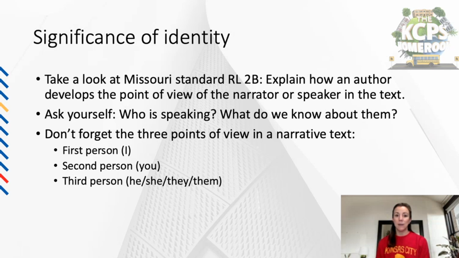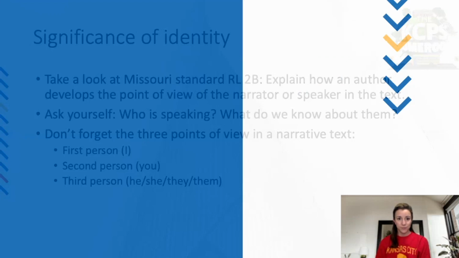This is significant because the author uses a specific point of view intentionally. Do we want first person, which brings us right into the character's thoughts? Do we want second person as more of an outsider, or third, maybe even farther outside, looking into the story itself and sharing from a third person point of view?